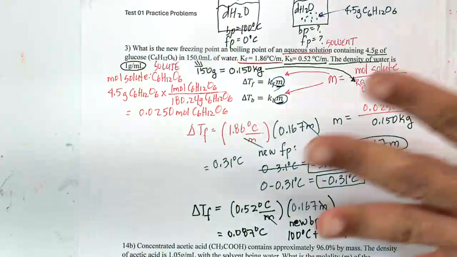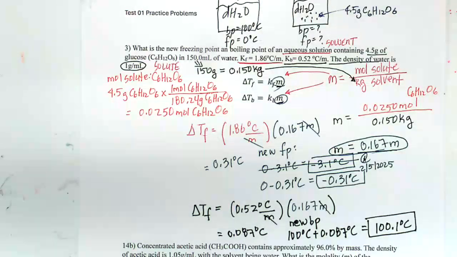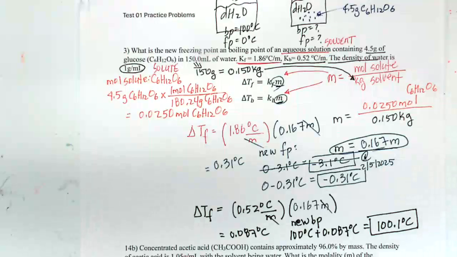Okay. So something like this on the exam, just with different numbers. Make sure you know how to do that. Once we figure out the small m, the molality, we only have to figure it out once for both freezing and boiling. Yes. And these constants will be given.